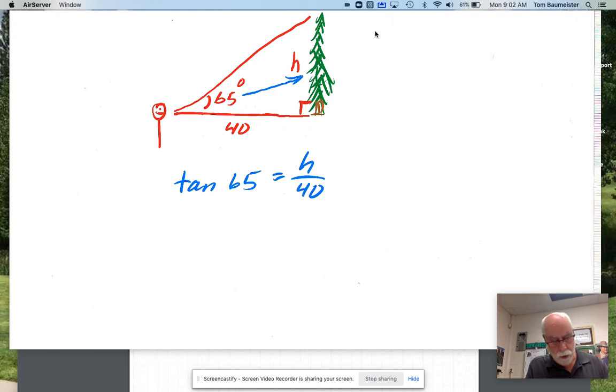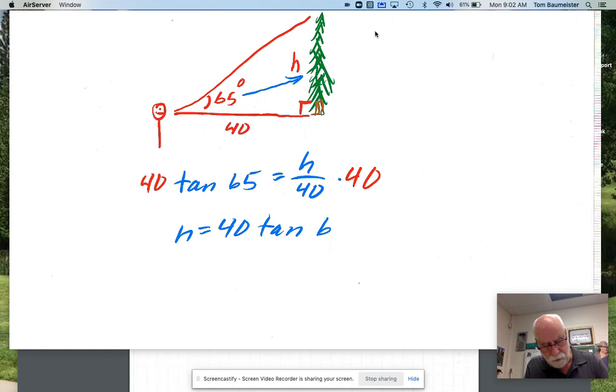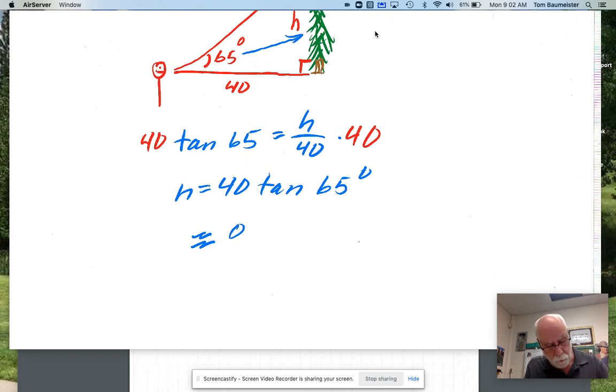Okay. So now, again, to get h by itself, I'm going to multiply both sides by 40. So I'll get that h is equal to 40 times the tangent of 65 degrees. And if we plug that into our calculator, since they want it to the nearest foot, we get 85 point something, but when we round it to the nearest foot, we'll get 86 feet.